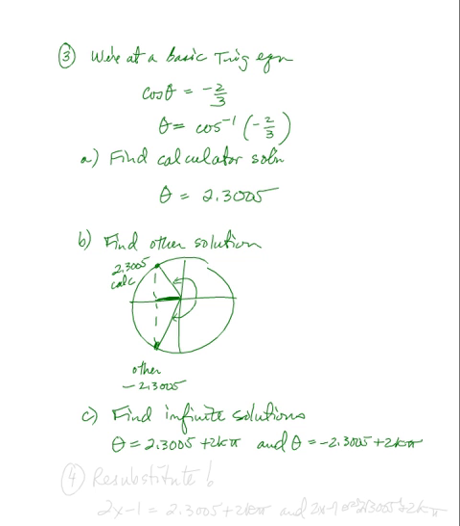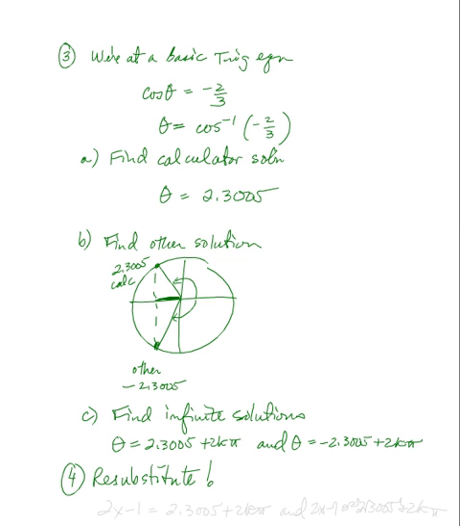And now, this is probably the step where it's so easy to forget. That's why I have it as a separate step. Resubstitute. You let theta be 2x minus 1.